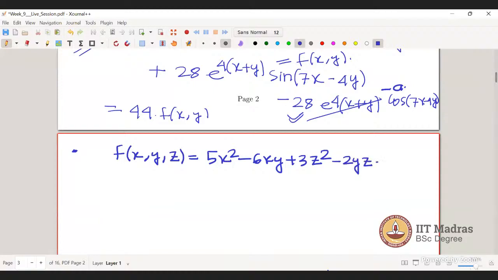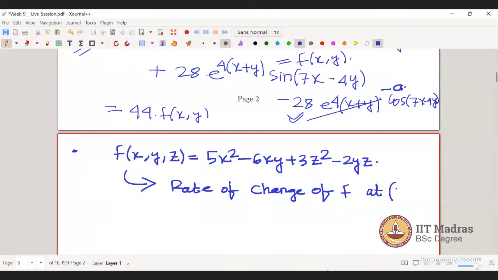We need to find the rate of change of the function f at point (1, 2, -1) with respect to the variable z.